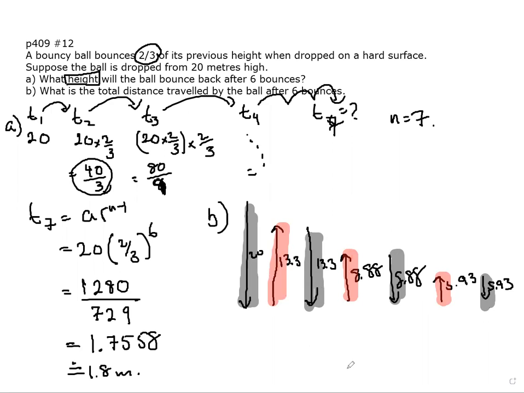So how about I clear this up and we draw a better picture, so we can figure out an equation for it. Okay, so we have after 1 bounce, that's a 20, 13.3, and then down 13.3.